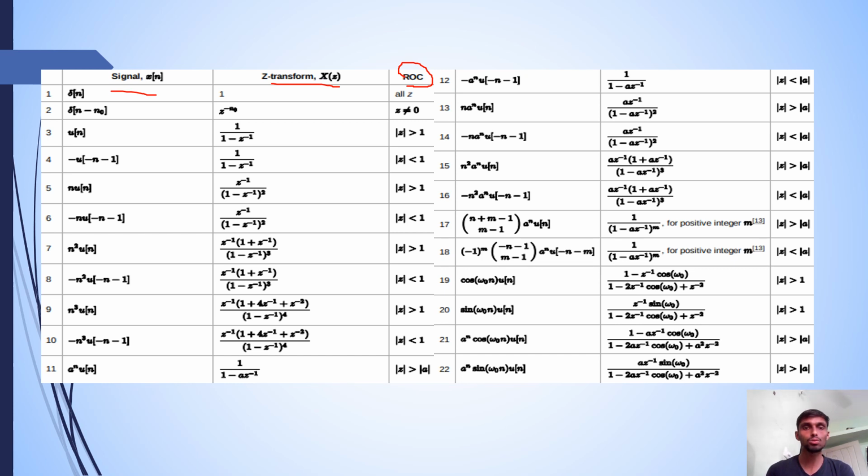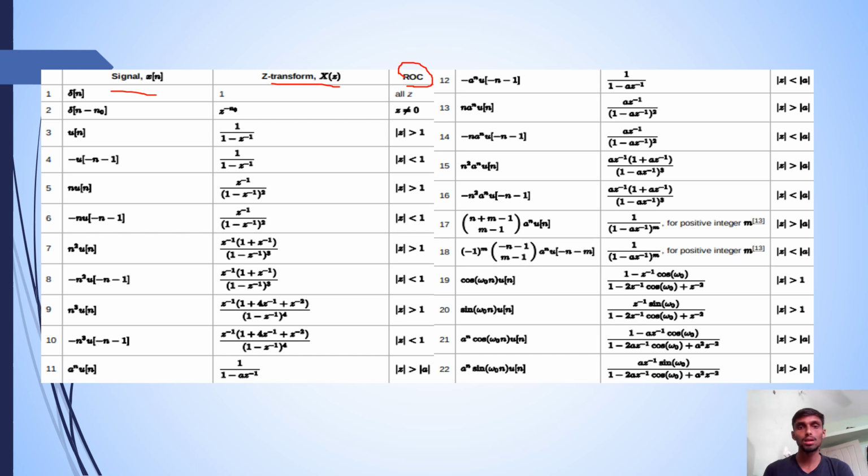the ROC is all the z's. And for u of n, the Z transform is 1 by 1 minus z power minus 1, and the ROC lies outside the circle. And n square u of n has the formula z power minus 1 into 1 plus z power minus 1 divided by 1 minus z power minus 1 whole power 3, and the ROC lies outside the circle.